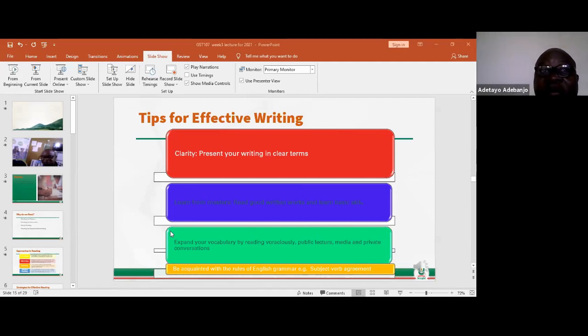When you are doing expository writing, it's like you have an idea of what happened. Describing is not about ideas; you just look at it and pick it one after the other.